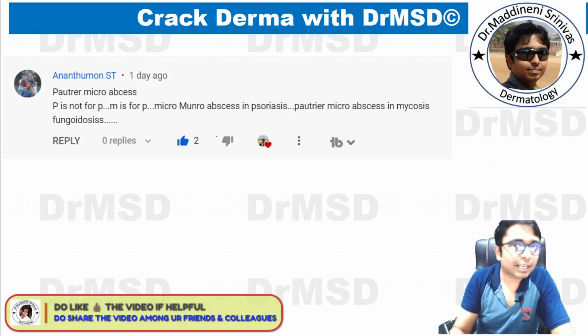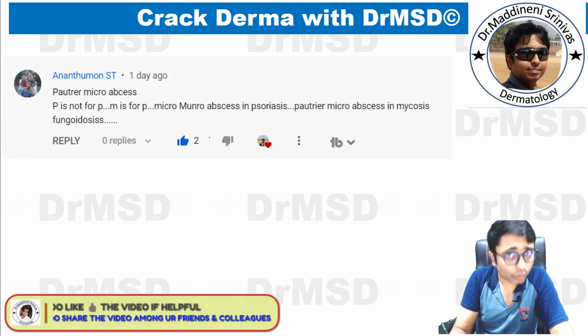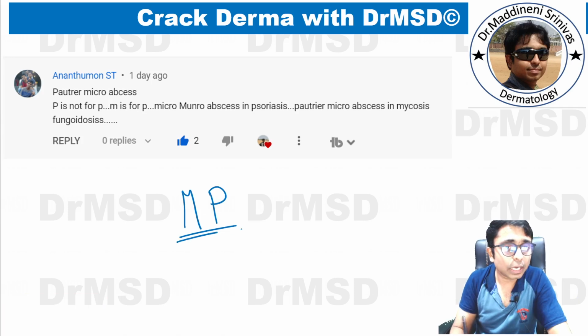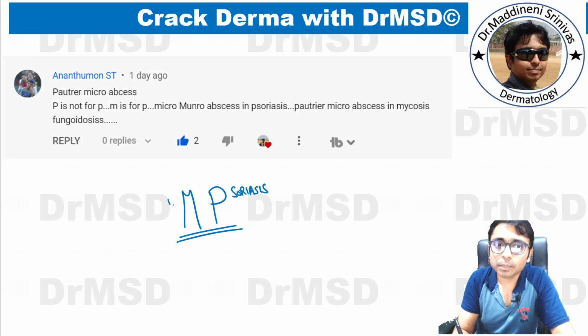And this student has given a very good trick to remember, so I will write it down here. You can see M and P, these are the two letters which you must remember. What is the funda behind this? If you observe carefully, in psoriasis, I have told you that Munro's microabscesses are seen, whereas in mycosis fungoides, I have told you that Pautrier's microabscesses are seen.